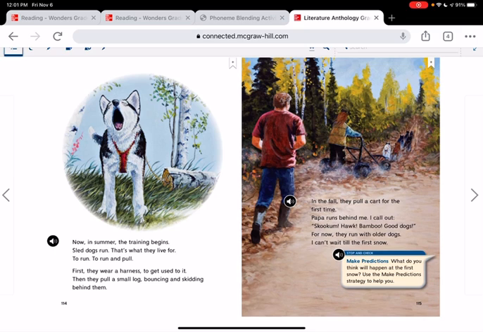They need to practice becoming sled dogs. So I want you to think about what's going to happen at the first snow. You can use your make prediction strategy to help you figure that out. All right, next one.